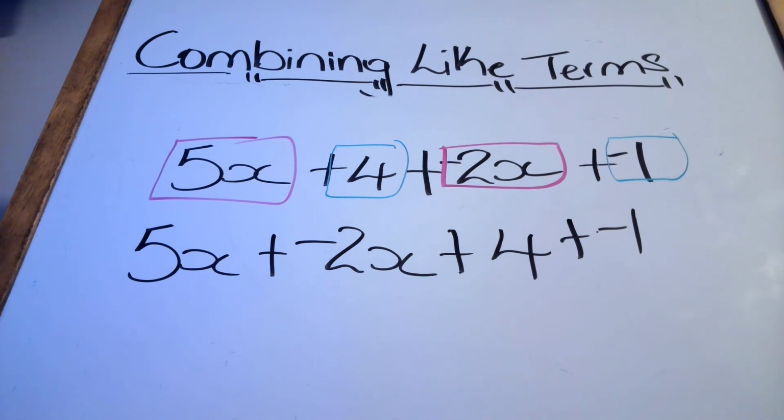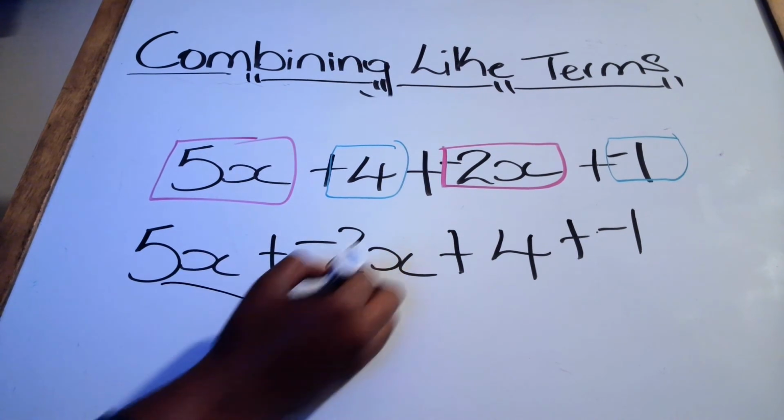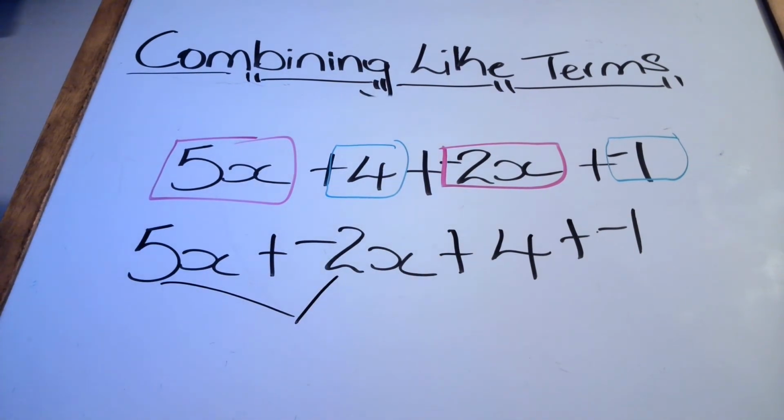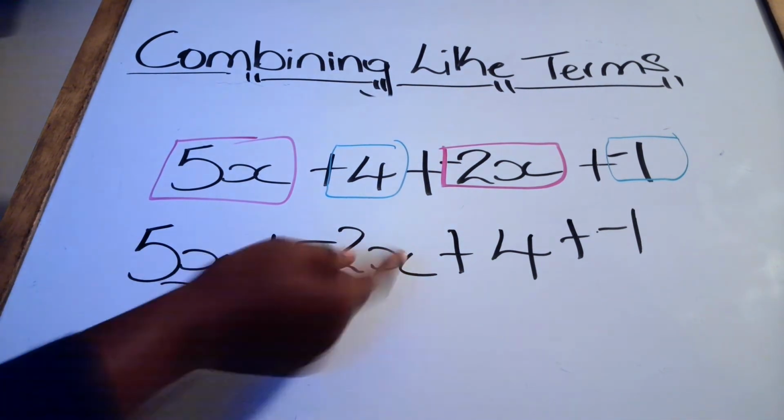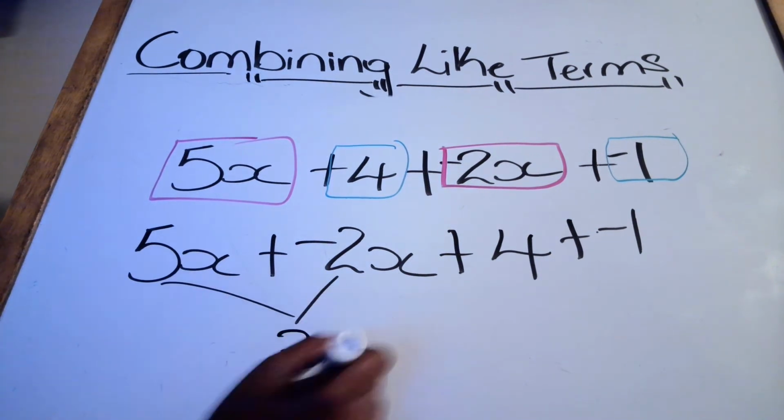Now that we have grouped, we can combine like terms. So when we're combining, you need to focus on the coefficients, alright? So it's 5 take 2, or 5 subtract 2. 5 plus negative 2 is the same thing. That's going to give me a positive 3.